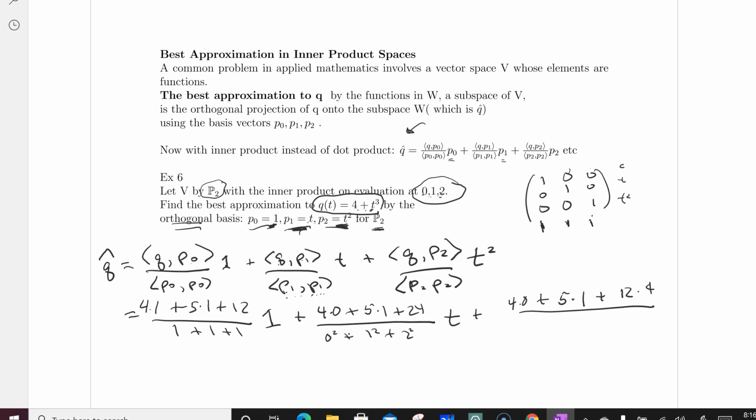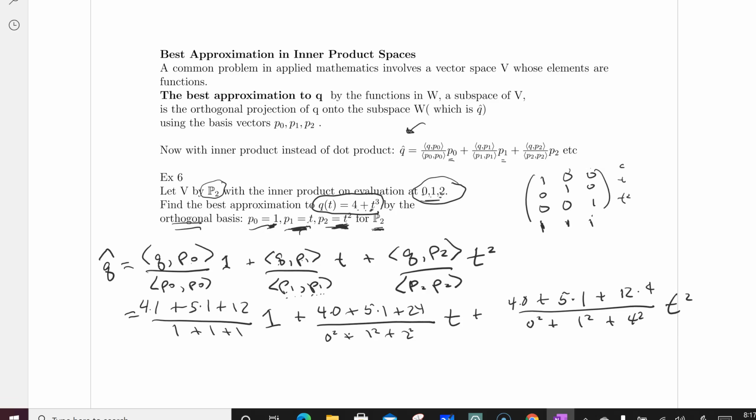All over, and now I'm going to be evaluating this here, right? So putting in a 0, I get 0 squared plus 1 squared plus, putting in 2, I get 4 squared. Okay, and all of that is times my P2, which is t squared.